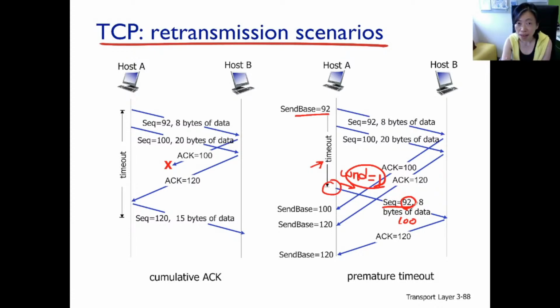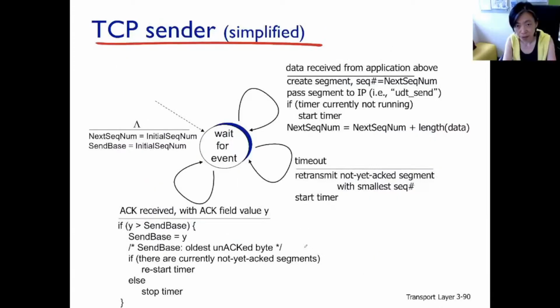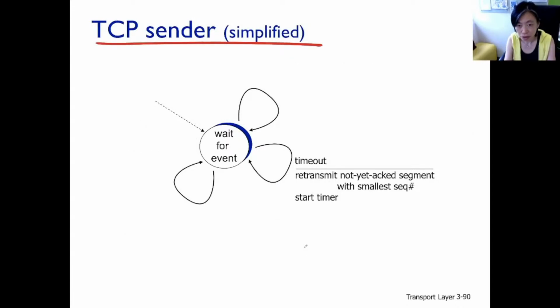And that's why, if you look a little bit carefully at the sender's finite state machine we were talking about, and here it is, let's ignore all these other transitions that are not relevant. So we're experiencing a timeout event here. The description in the finite state machine says this: retransmit not-yet-acked segment with smallest sequence number.